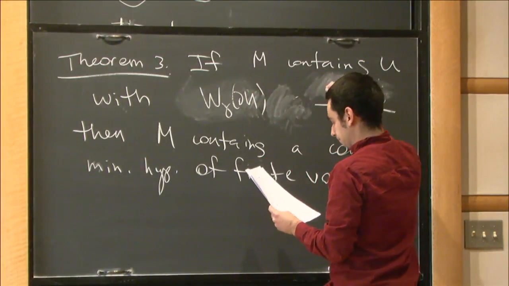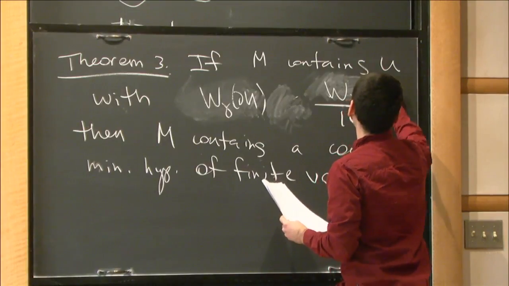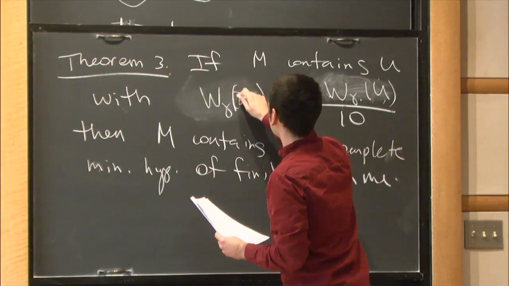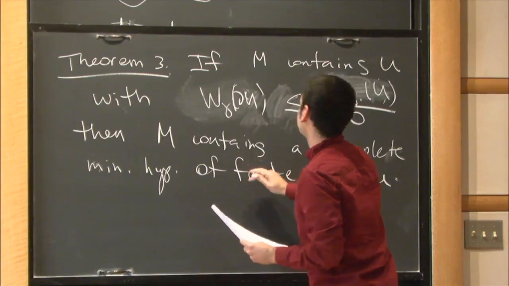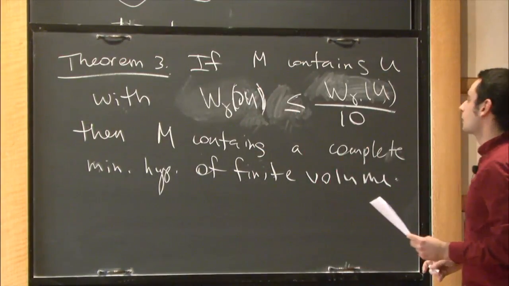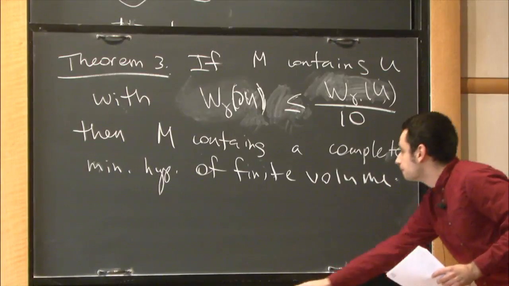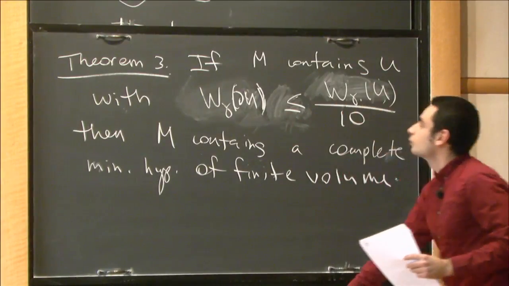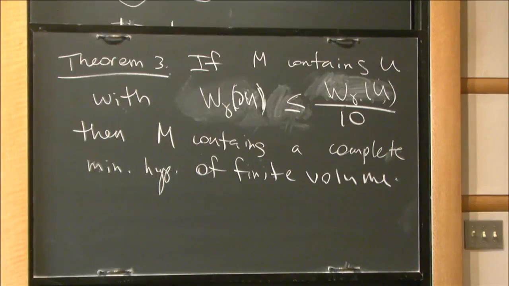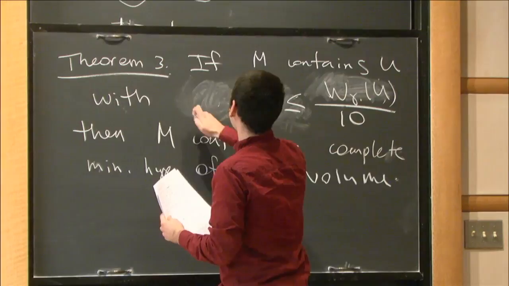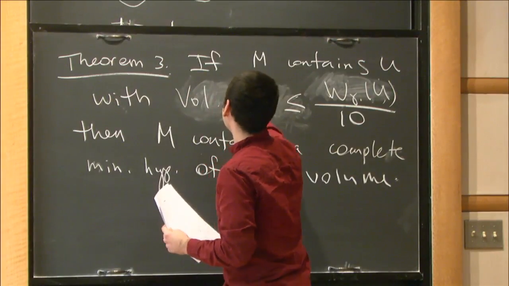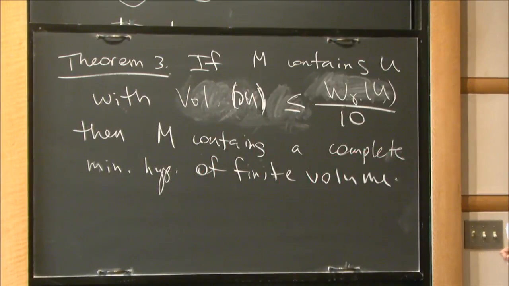So the boundary is much smaller than the width. Thank you. But now you have the width on both sides. Before you had the volume. Yeah. Okay. Thank you. Easy. Okay, good. Thank you. That's it here.